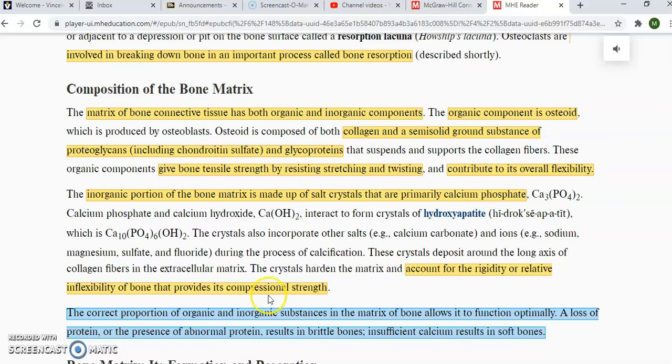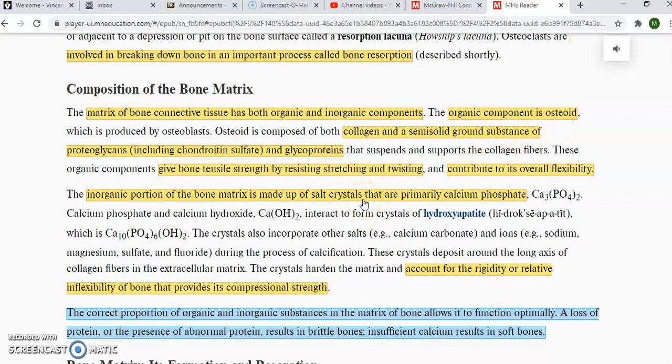And then the inorganic portion, in lab we said mineral salts, and here they say salt crystals, but essentially they're talking about the minerals, primarily calcium and phosphate. And so those come along from the blood and deposit around the collagen fibers in the osteoid.